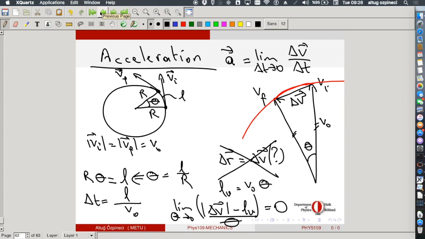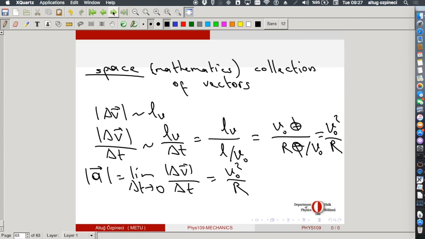So the acceleration vector, as the object moves around this circle, will always be towards the center. So this is constant, and the acceleration vector points towards the center.